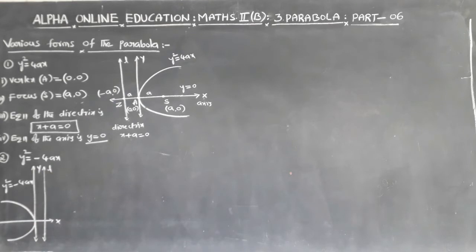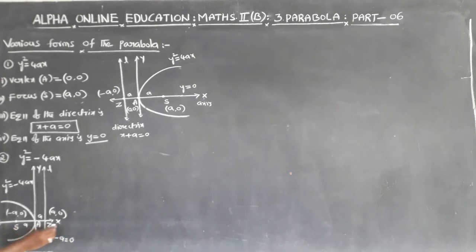This is the equation of the directrix. This is the focus S. This is the vertex A. This is the Z. SA is equal to AZ is equal to a. So focus is minus a comma 0, Z is a comma 0. Equation of the directrix x minus a is equal to 0.